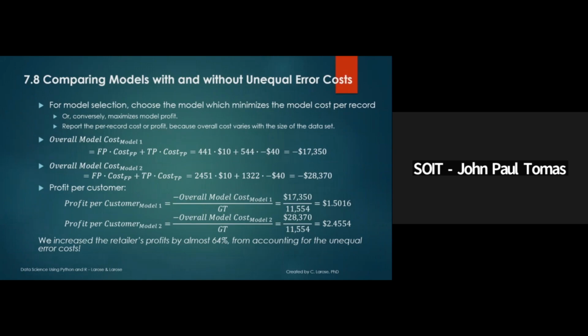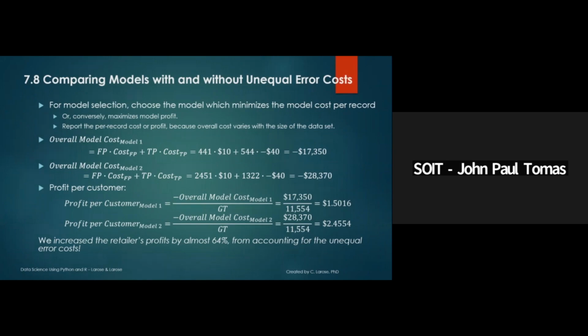Now, for the profit per customer for model 1, the formula is the negative overall model cost for model 1 over your grand total. So that's 17,350 over 11,554, which equates to about $1.50.